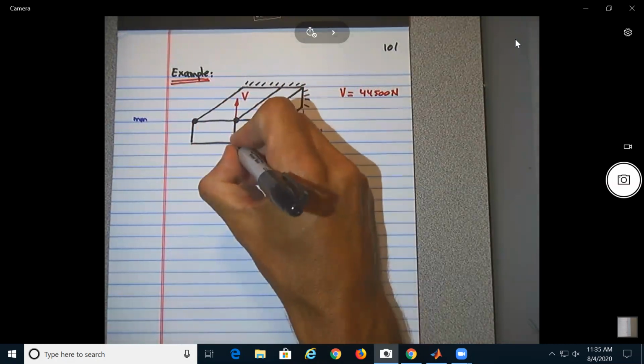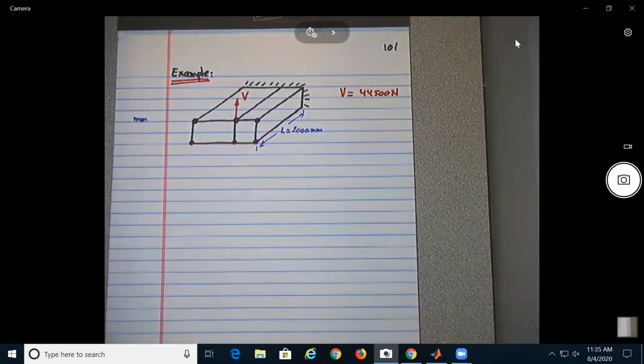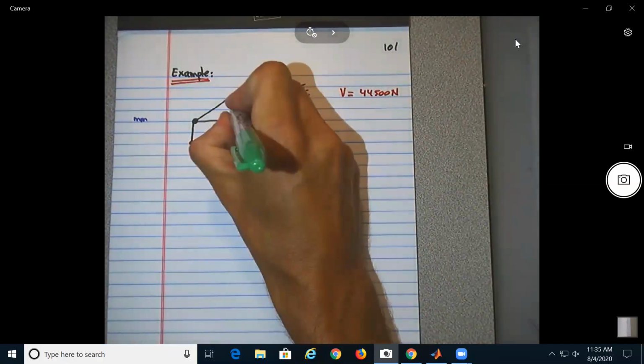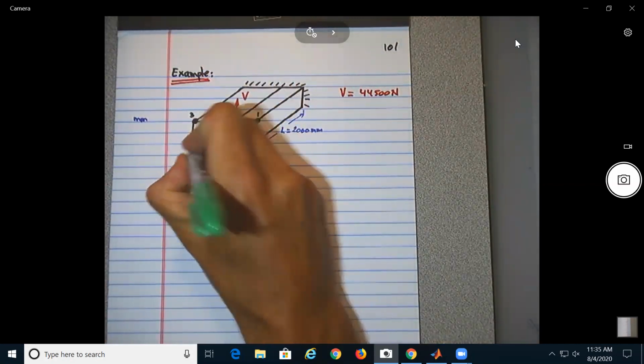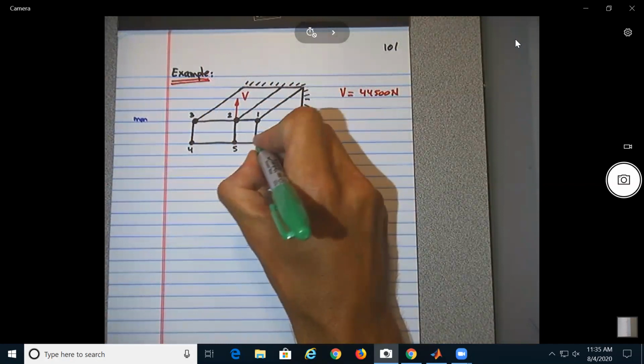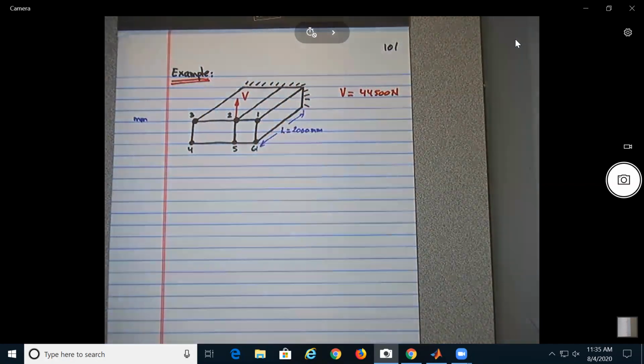So here we have the booms. And let's do a numbering: 1, 2, 3, 4, 5, and 6.